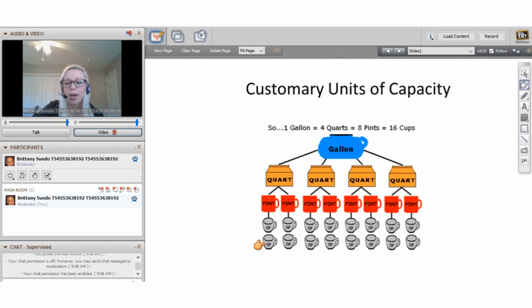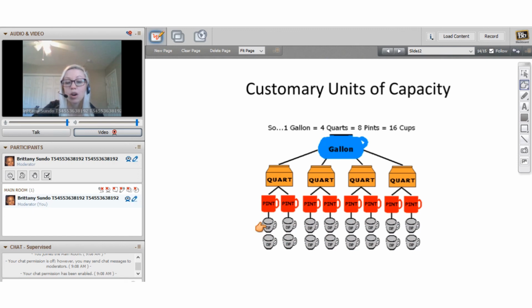Now, the neat thing about this is you can see how many cups are in a gallon because you can count out all of the cups. You can see how many pints are in a gallon by counting up all the pints. You can see how many quarts are in a gallon by counting up all of the quarts. So for example, we can see there are 1, 2, 3, 4 quarts in 1 gallon. We can also see that there are 8 pints in 1 gallon.